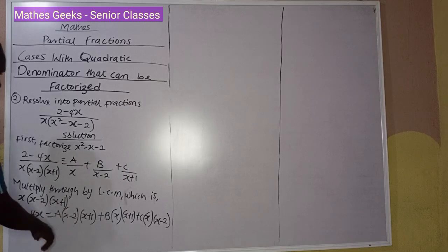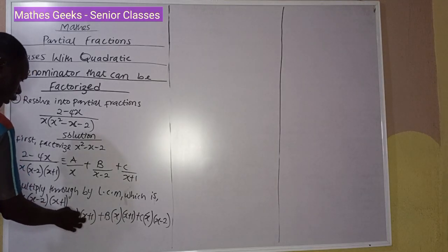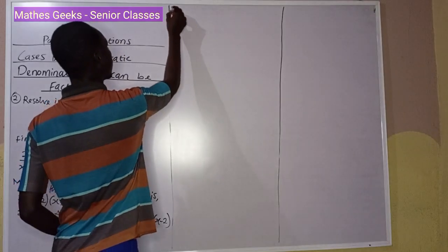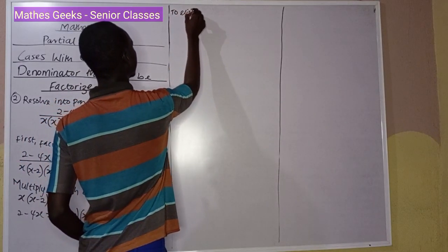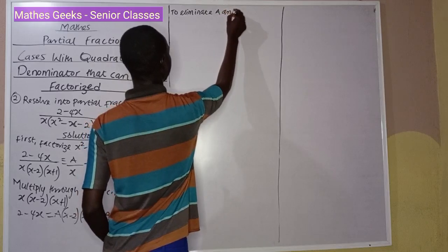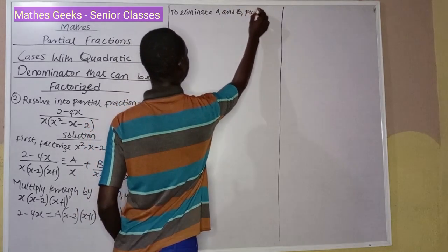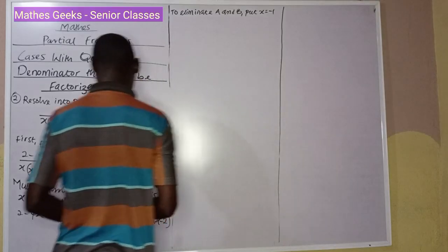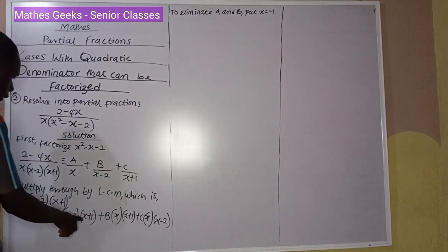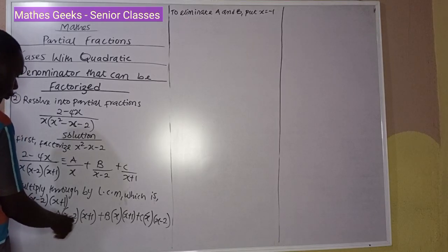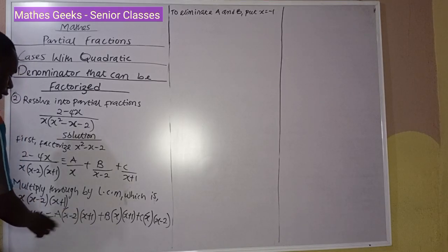So to eliminate a and b, put x equals to minus 1. If here is minus 1, minus 1 plus 1 is 0. And here is minus 1, here is minus 3. So 0 times minus 3 is 0. 0 times a is 0. So this a is eliminated.